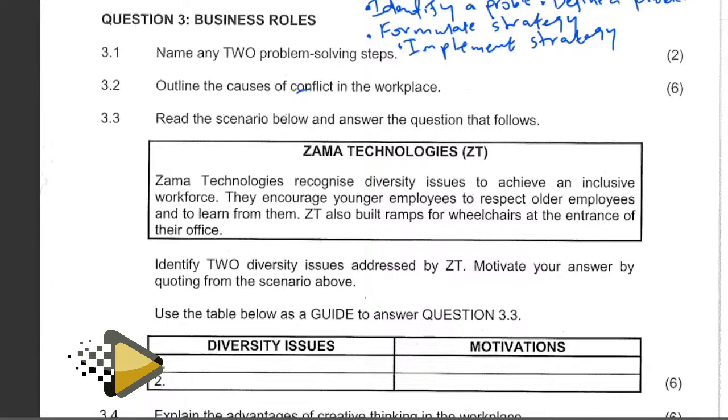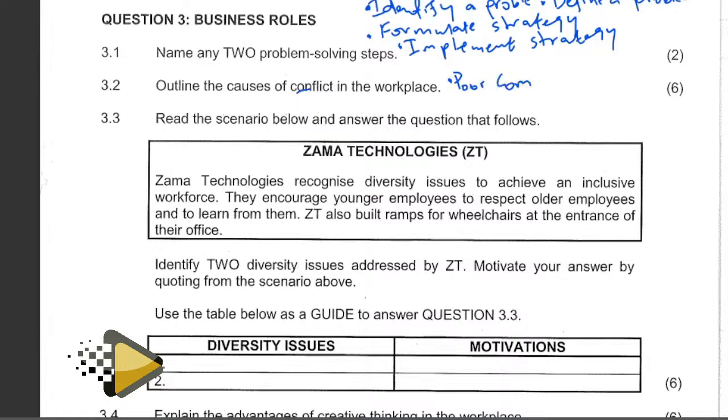as well as unclear responsibilities. If you don't know your responsibilities, you don't know your line of boundaries where you must perform your duties, then in the same manner, it's going to create a barrier, a boundary between the employer and the employee. So now we are saying that here, poor communication can be one of the causes.